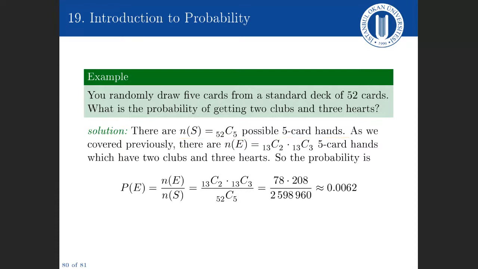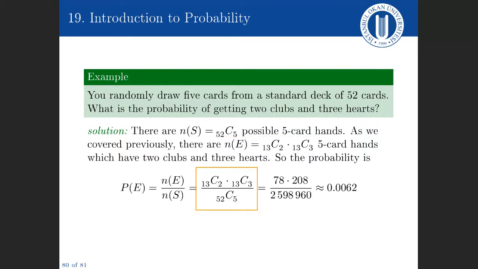And we've already studied that there are 13 choose 2 multiplied by 13 choose 3 5-card hands which include 2 clubs and 3 hearts.